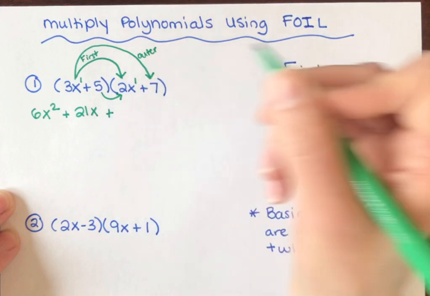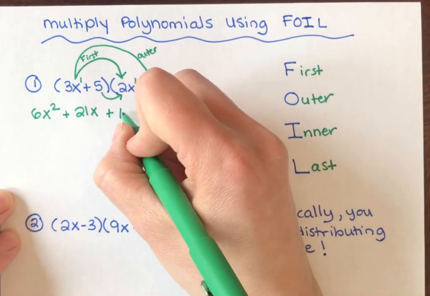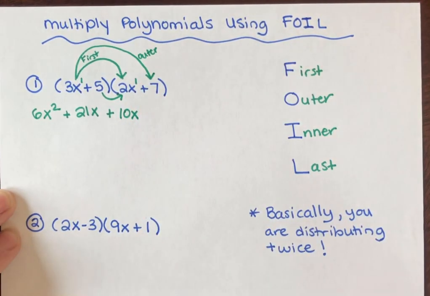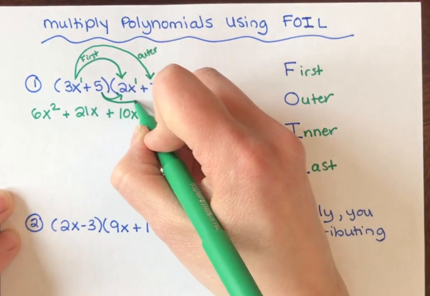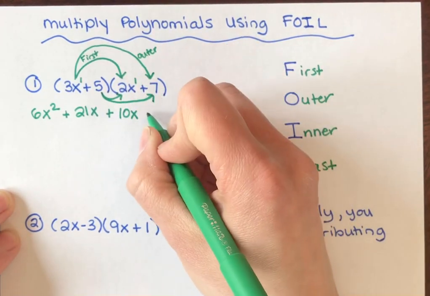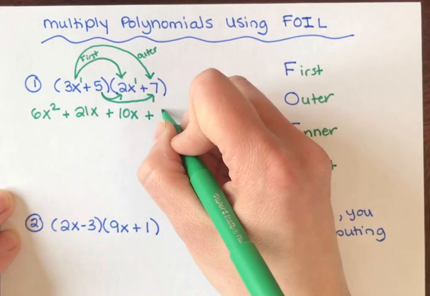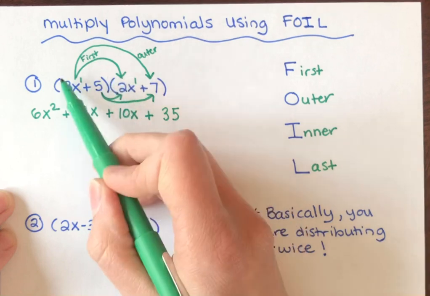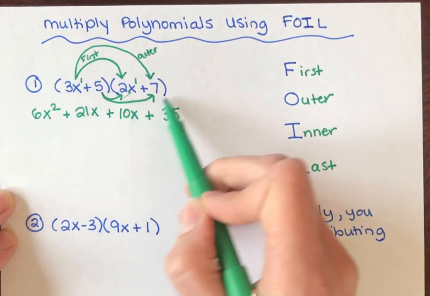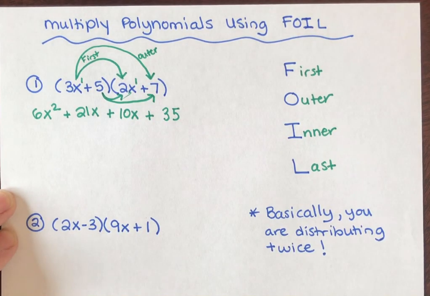So 5 times 2x is a 10x. Last, I'm going to take the last term, which is 5, and multiply it to the last term here, which is 7. 5 times 7 is 35. Okay, so I have first, outer, inner, last. Basically, we are distributing twice.